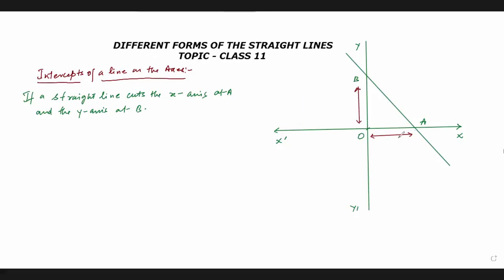So this OA and OB on the x and y axes are known as intercepts.